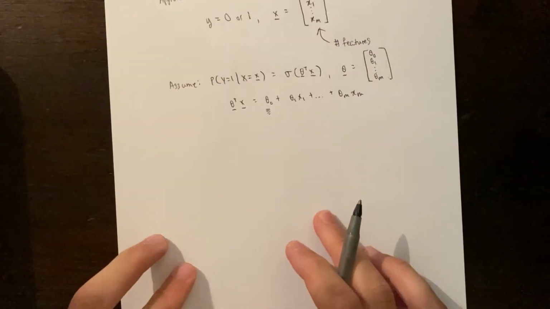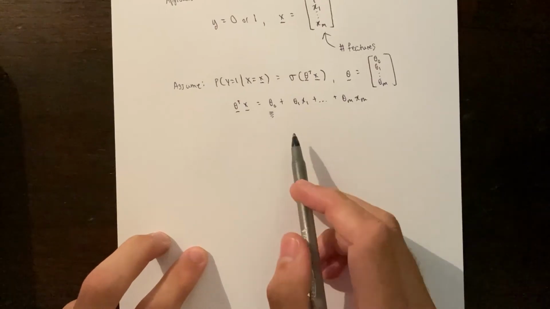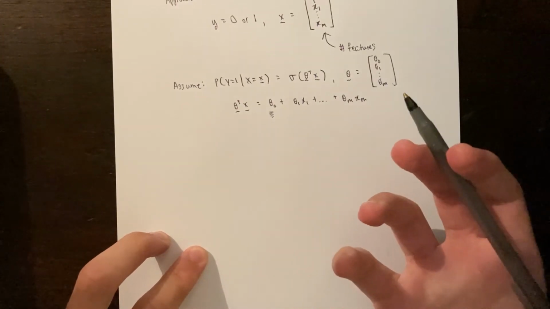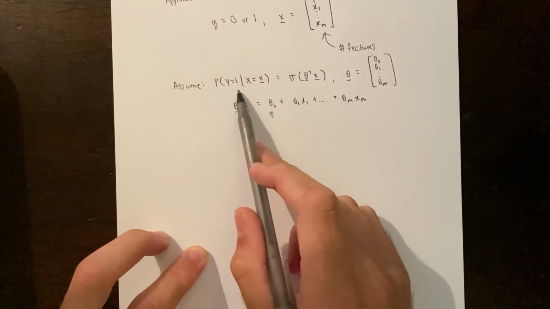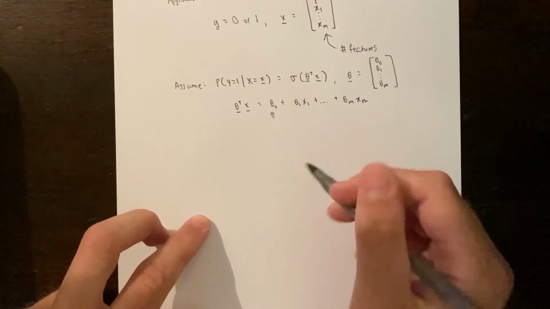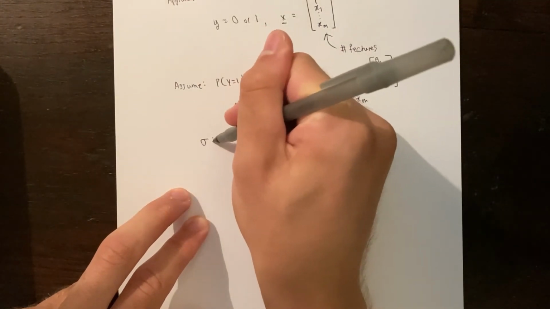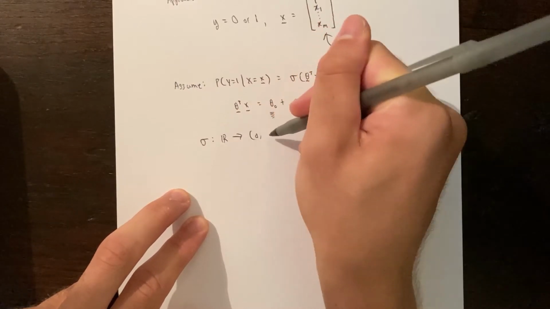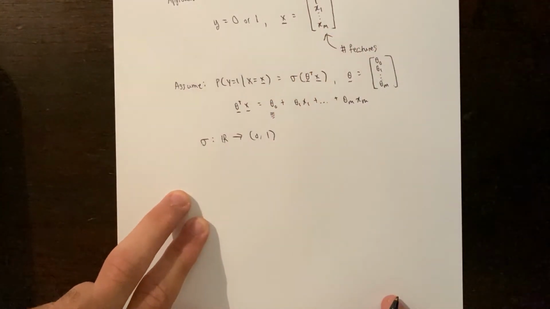So what is sigma? Well, notice that if we just calculate this weighted sum, we could actually get any real value. But we want to model a probability which is between 0 and 1. So we need a function that maps all real values to the interval 0, 1.